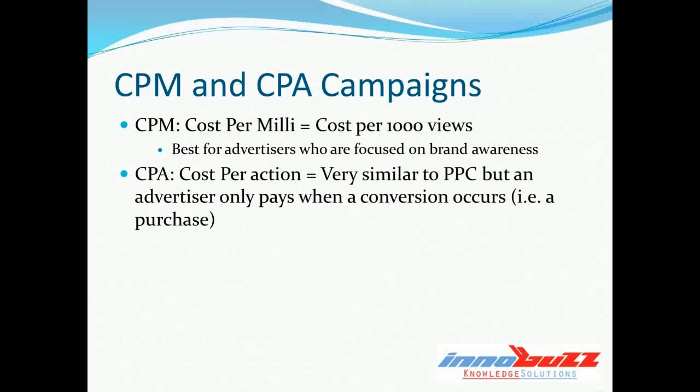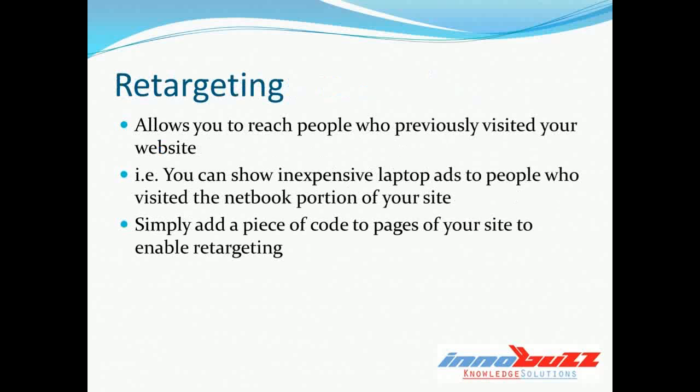I don't know how terribly much this will catch on, because it means that companies like Google start sharing a lot more risk with you, as they're only going to get money when the person actually buys. Google can help how well their ads work, but they can't really help how well your site is. So we'll see how much this catches on. Google does offer this at the moment. Hopefully it'll stick around. And retargeting.